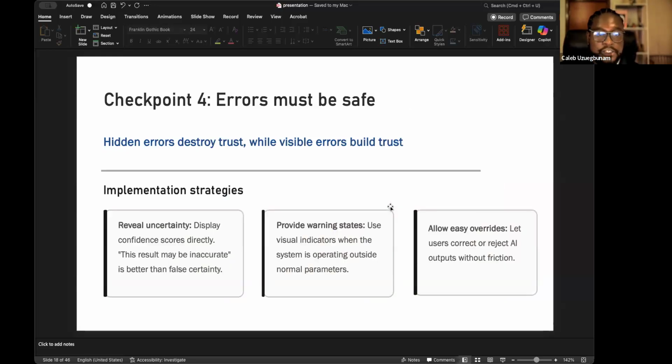Checkpoint 4, errors must feel safe. Hidden errors destroy trust, while visible errors build trust. Usually it's very attractive to hide when an error has been made, because you're trying to build trust in the system, and the system doesn't make any errors.